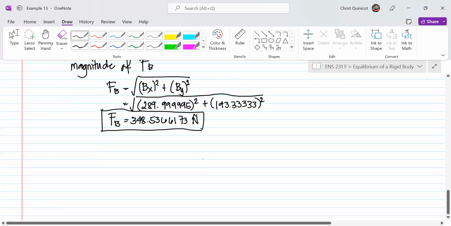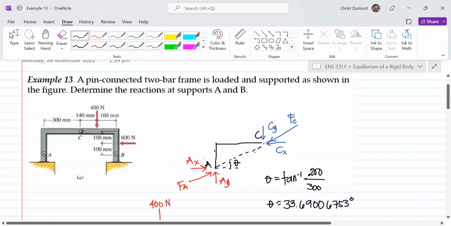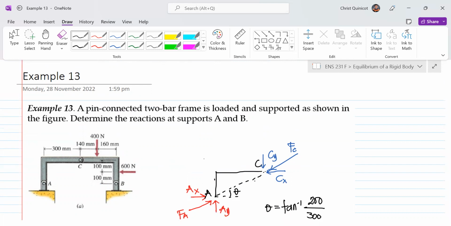Now, although it is not specified in the problem that we get the direction, of course, whenever we are tasked to find the magnitude of our force, since force is a vector quantity, we must always provide the direction.